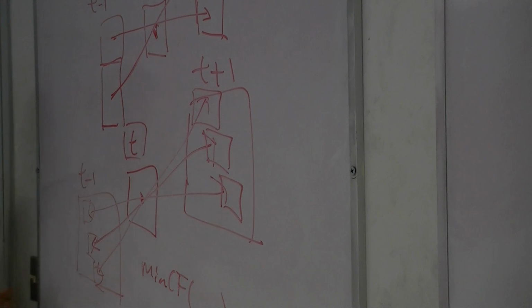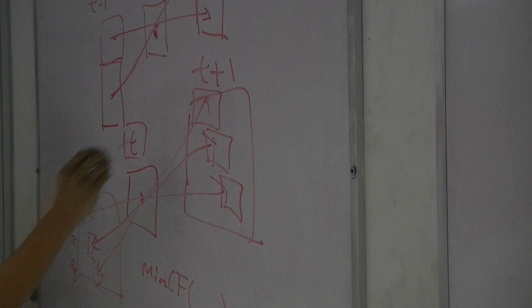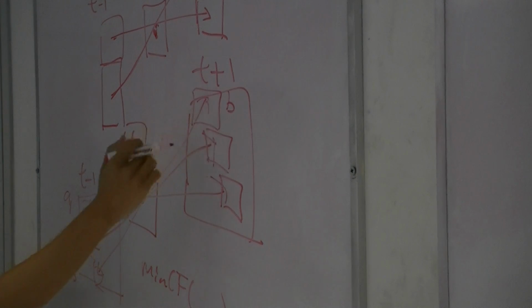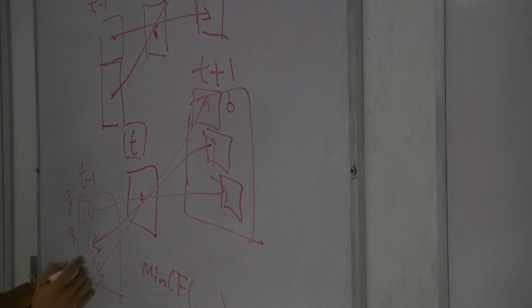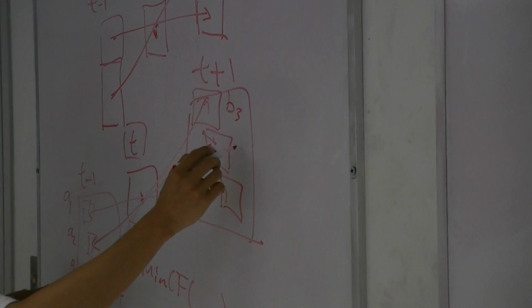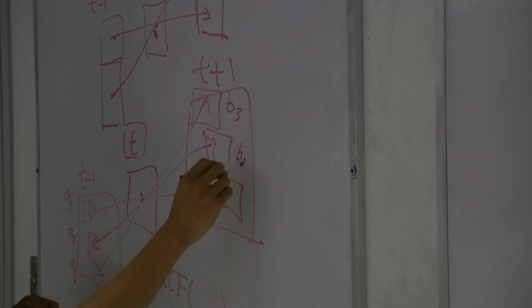One of them may have the smallest cost function. So, for example, this is A1, A2, A3, and this is B. This is from here, so this is B3, and this from B2 and B1.